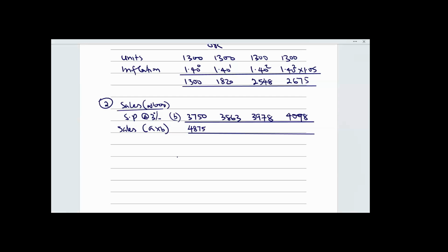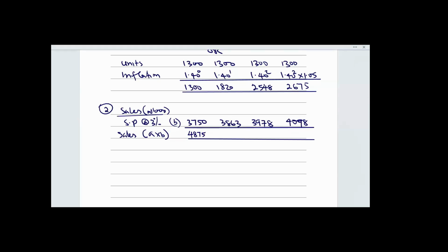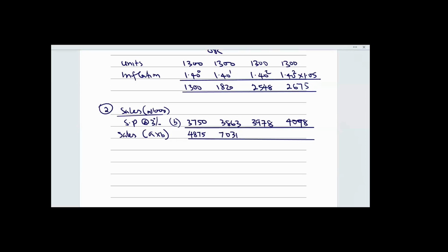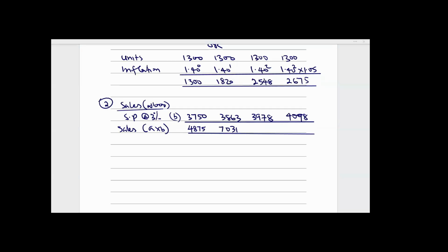Then the second year, 1,820 multiplied by 3,863 equals 7,031. Year 3, 2,548 multiplied by 3,978 equals 10,136.